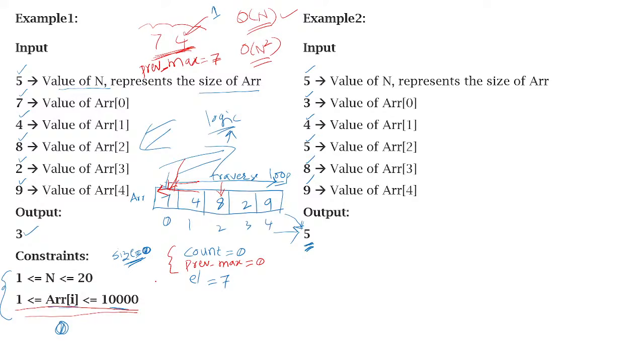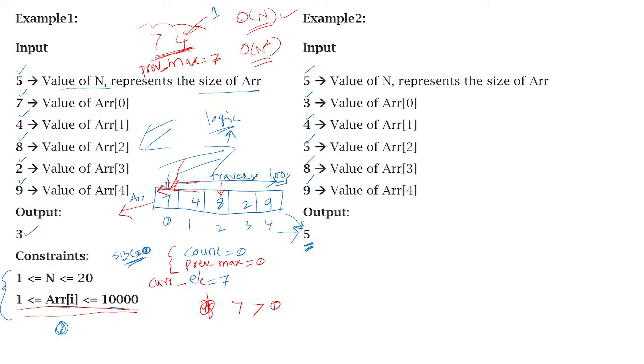You can call it current element or whatever name you want. So the current element is equal to 7. Now I always compare the current element with previous max. Is 7 greater than previous max? Yes. That means I got one element which is greater than all its previous elements.